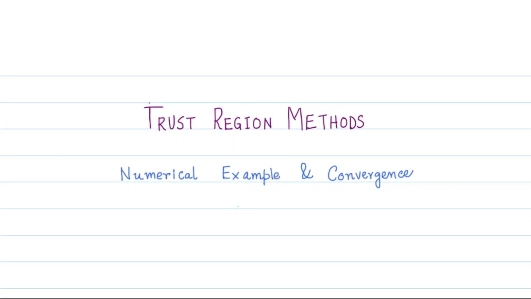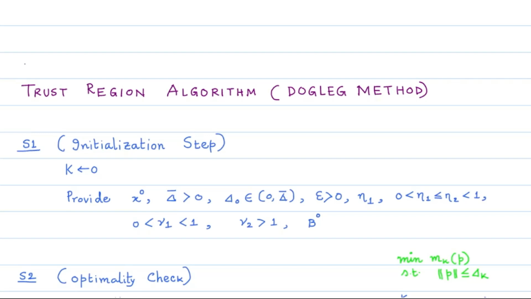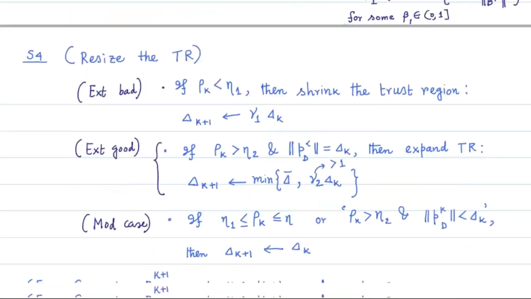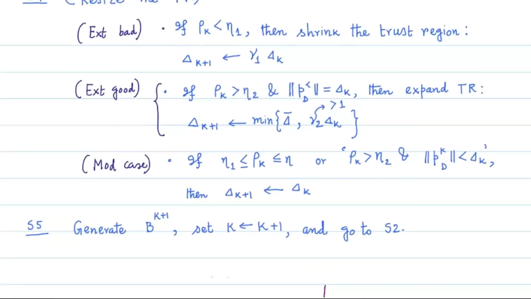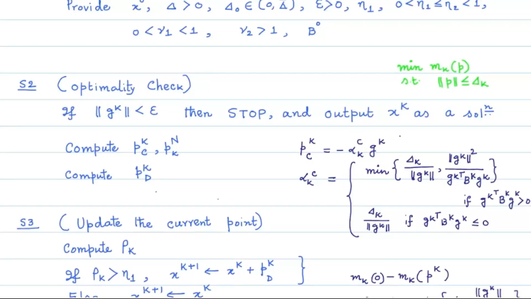A general structure of trust region methods that we have gone through in the last lecture is this one, which is having in total 5 steps. Out of these 5 steps, the most important step is this step 2, where we calculate a trust region step by solving the trust region subproblem at the current iterate xk.